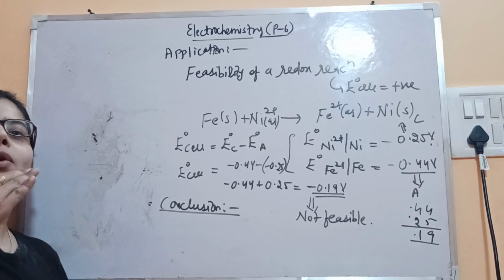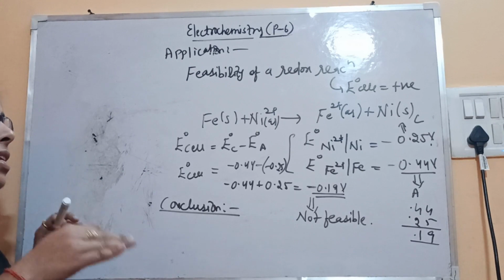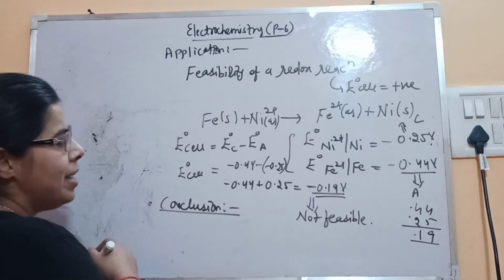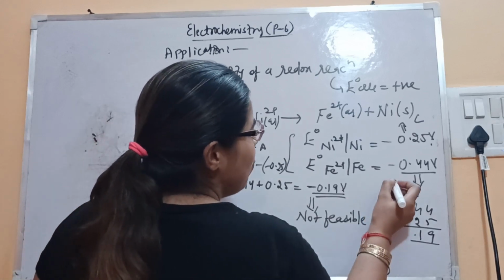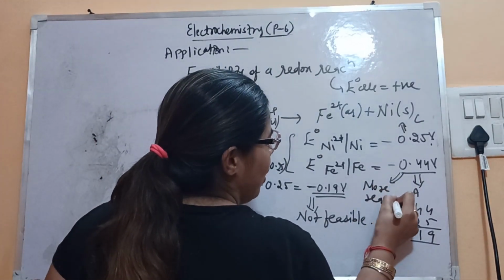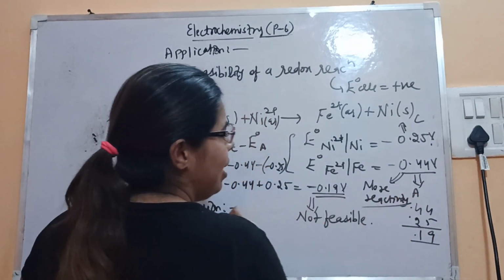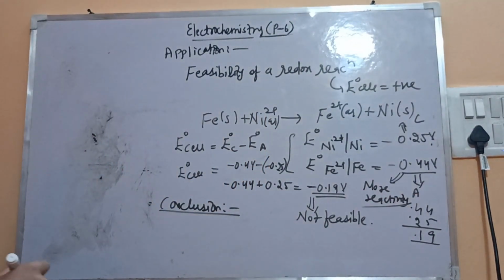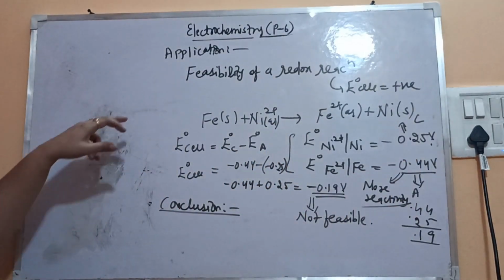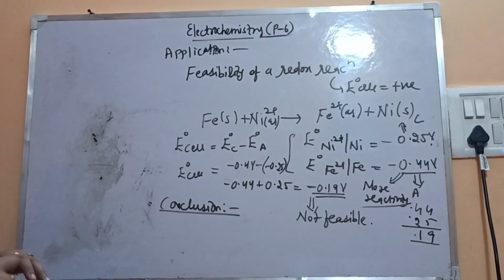It is having a tendency to lose its electron. If it has a tendency to lose its electron, it means that metal is more reactive. Yes? So minus E naught indicates that it is more reactive metal. This is also one of the points, how you come to know metal is more reactive. So if more negative value is there, it is more reactive. It means iron is more reactive. Fine. So iron is more reactive.